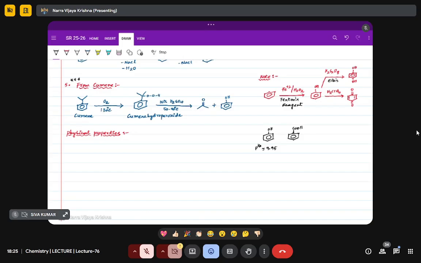Lower the pKa value, stronger the acid is. Lower the pKa, higher the Ka, stronger the acid is. Correct, sir?